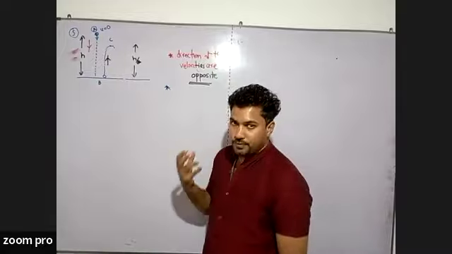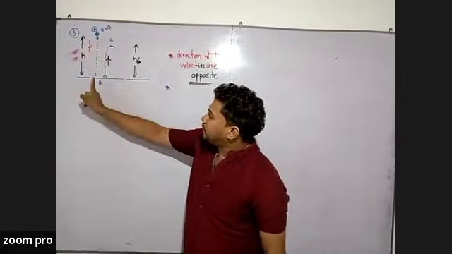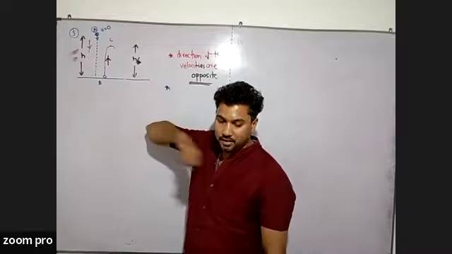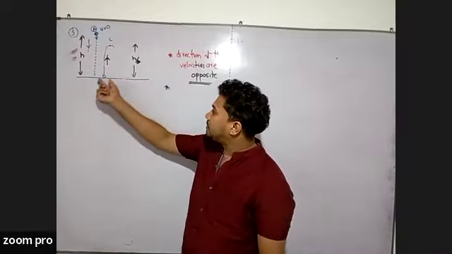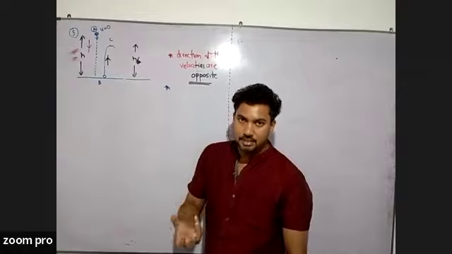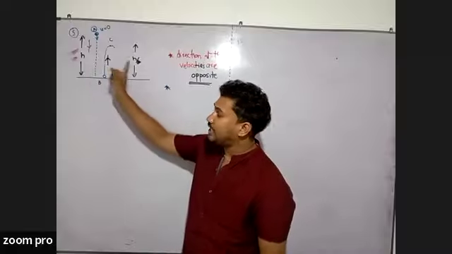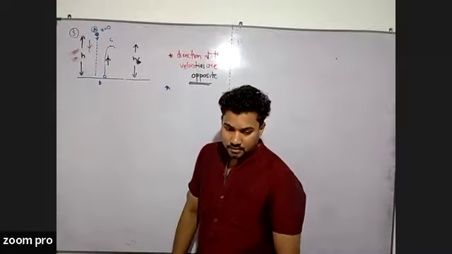The other thing is that this object moves due to the gravitational effect. So, obviously, the object experiences an acceleration from A to B, and when it moves upward from B to C, it experiences a deceleration, even though the magnitude of the acceleration should be equal.